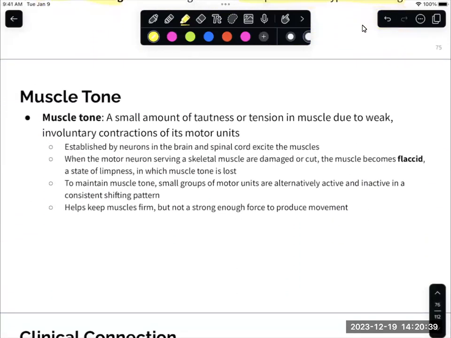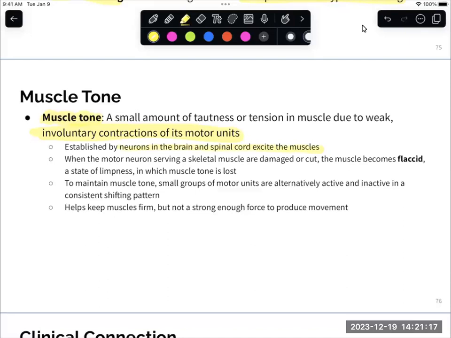Muscle tone. This is another interesting one. Your muscles are sitting in partial involuntary contractions. All of your muscles have some sort of definition, some sort of shape to them, because they are holding a partial contraction. This is because of the signals between the neurons in the brain and spinal cord that excite those muscles.